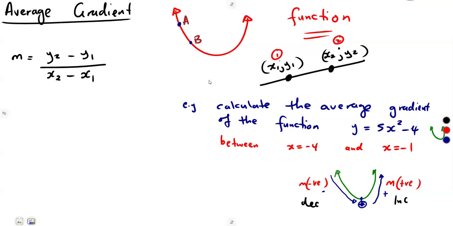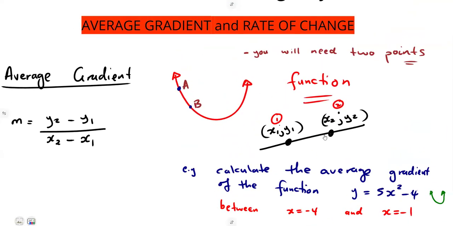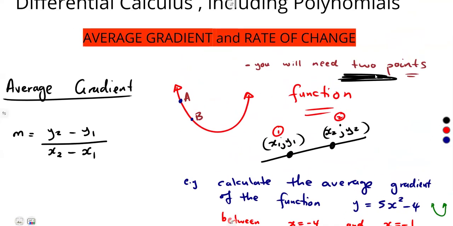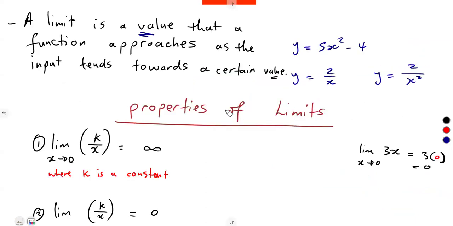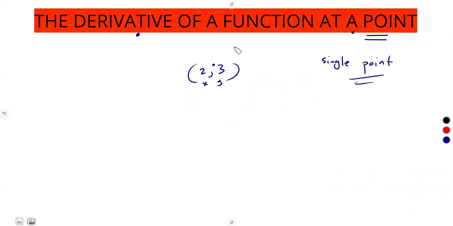The first class that I talked about was actually based on the average gradient, where I said in this case you are going to need two points in order for you to determine the gradient. That gradient that we're determining, guys, can actually be calculated not from two points, but from a single point, now referred to as a derivative, which is the derivative of a function.